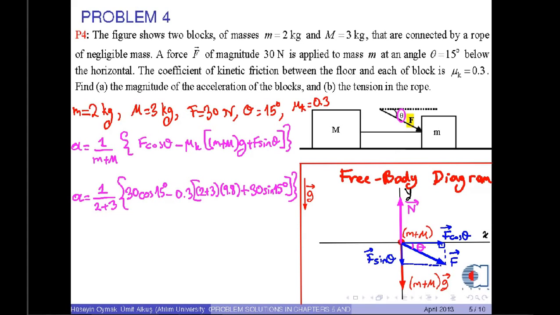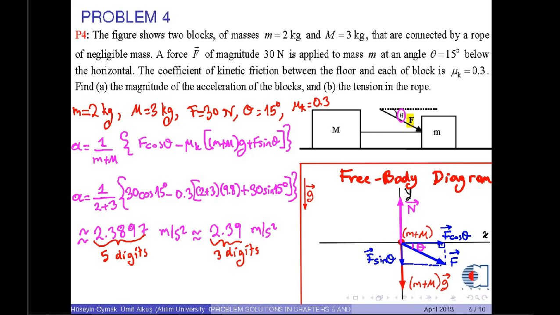And the result in your calculator will show you 2.389 meter per second squared. And the result is approximately 2.39 meter per second squared. Note that in the intermediate step, we have written the result in 5 digits, which will be used in the following calculations, and again the final result is in 3 digits.